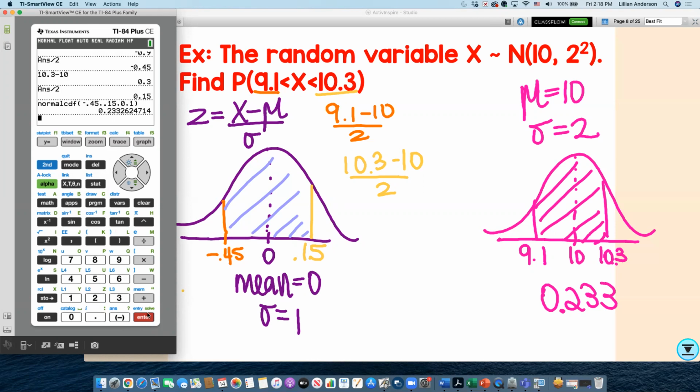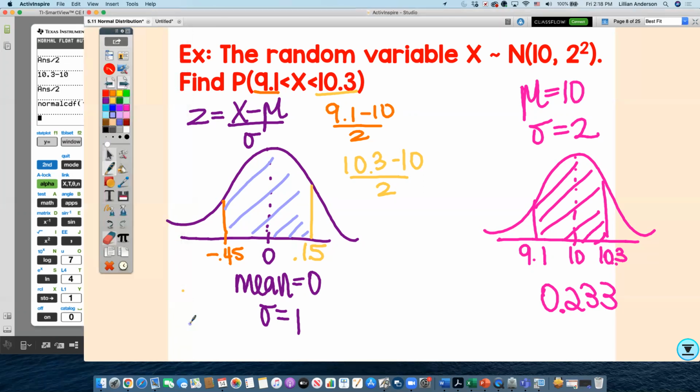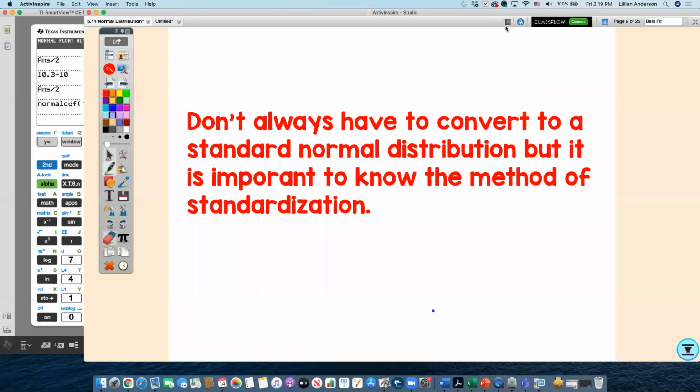If you have your mean, your standard deviation, and your X value, you can find the probability. But if anything is ever missing, you need to use this formula. Okay? So again, you do not always have to convert to standard normal distribution, but it's important to know how to go about that standardization.